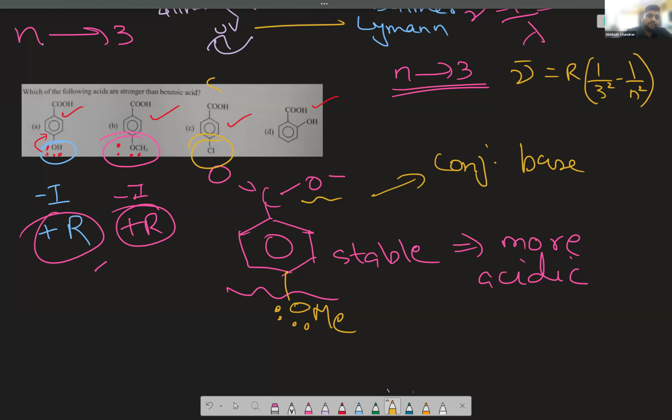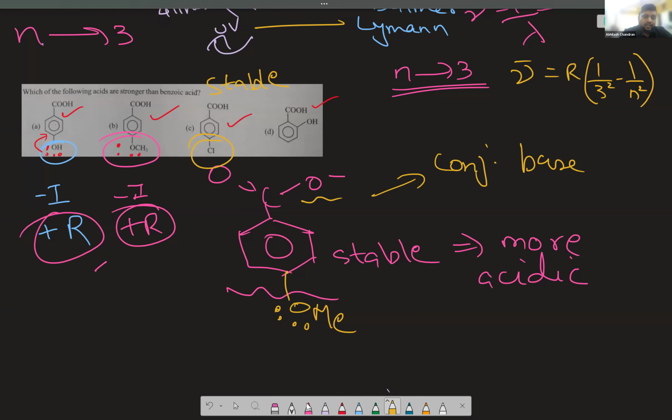The conjugate base is stable, which means this is a decently acidic hydrogen. This is better than benzoic acid. Chloro group is only going to make it stronger than benzoic acid. Benzoic acid by itself was also stabilized because of the minus R effect of the benzene ring, but the presence of chlorine is only going to make it better.